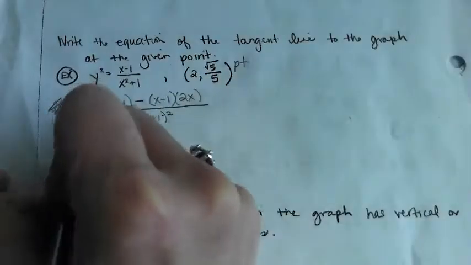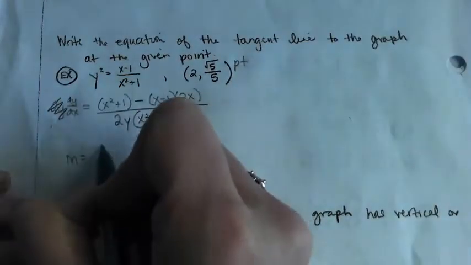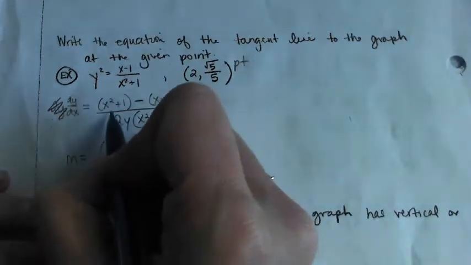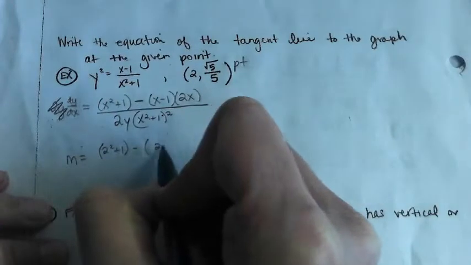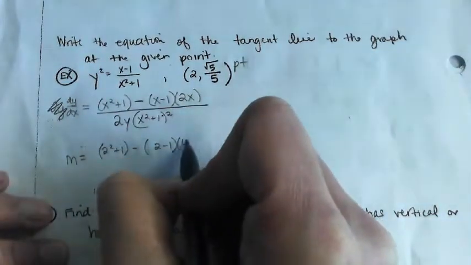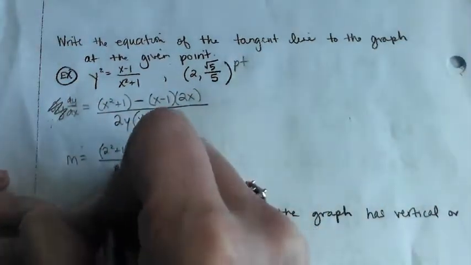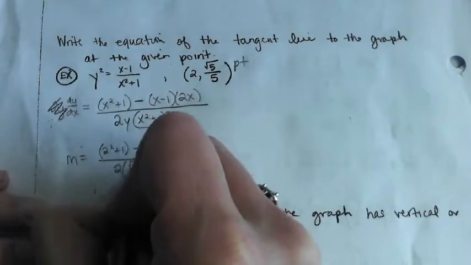So I already have my point. My slope, I actually have to come up with, and be careful here: 2 squared plus 1 minus 2 minus 1 times 4, 2 times root 5 over 5.